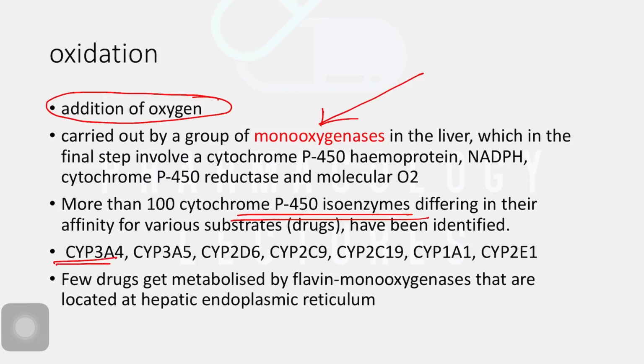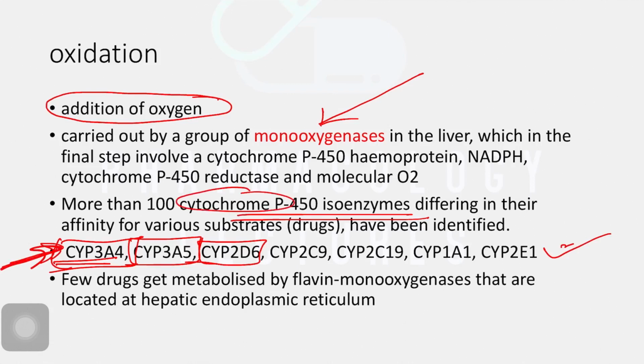So this oxidation reaction is carried out by CYP isoenzymes, and CYP family has subfamilies, and depending upon that different names are given, like CYP 3A4, 3A5, 2D6, 2C9, 2C19. There are many, but these are some important ones. But 3A4 is the most important. So cytochrome P450 isoenzymes, these are cytochrome enzymes.